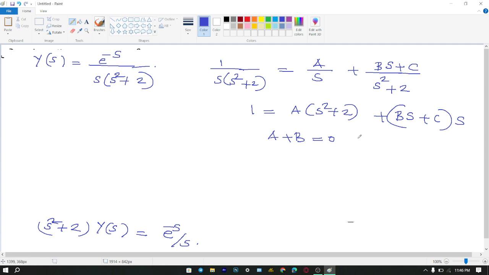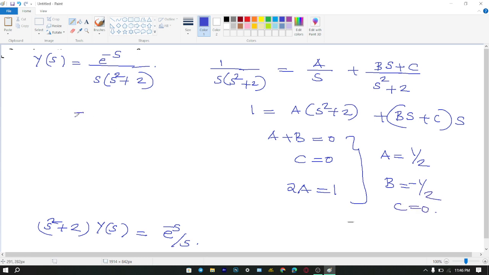And next compare the coefficient of s. Here the coefficient of s is c only, so c equal to 0. Then the coefficient of constant, that means 2a, 2a is equal to 1. From this we have a equal to 1 by 2. So b equal to minus 1 by 2 and c is 0.